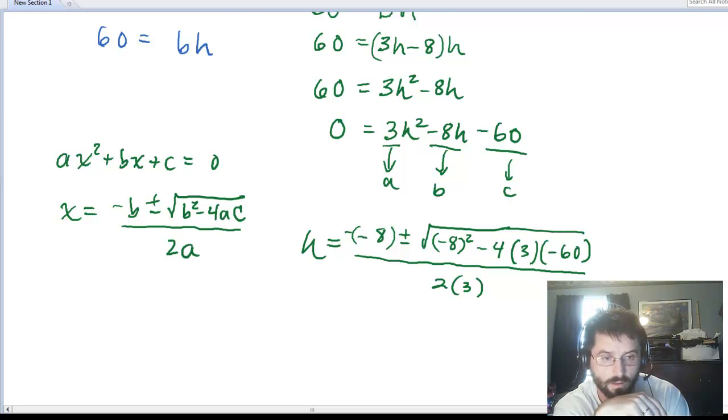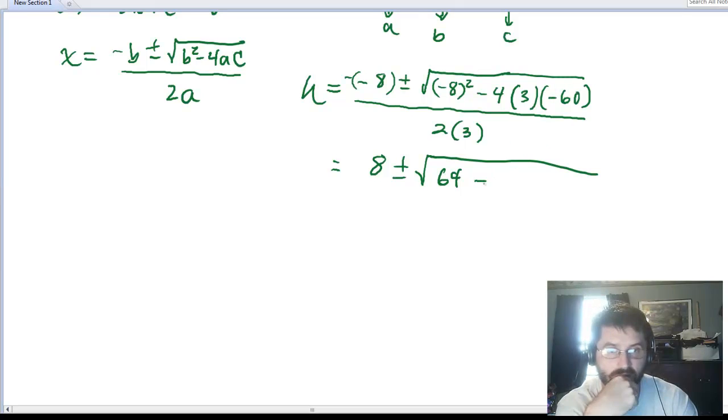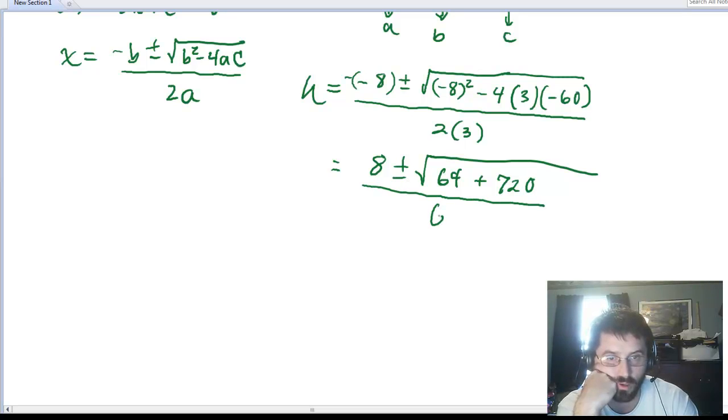And hopefully this will come out to something nice when we simplify it. Plus or minus, this is 64, minus, but minus minus is plus, and then we're doing 12 times 60, which is 720, plus 64 over 6. So it's going to be 8 plus or minus the square root of 784 over 6.